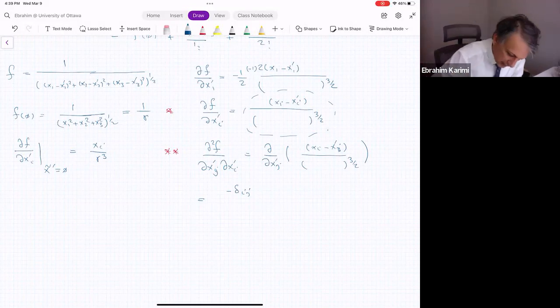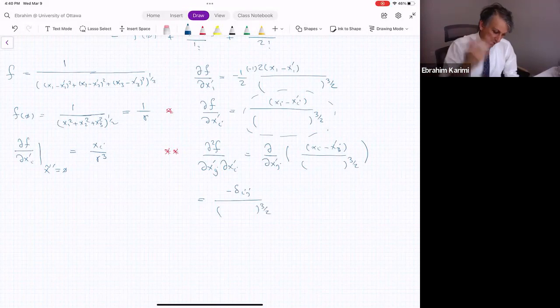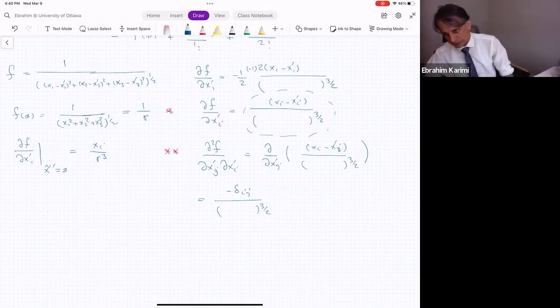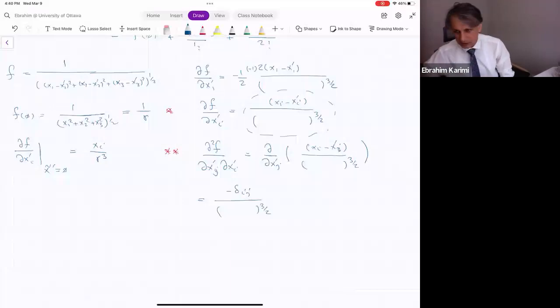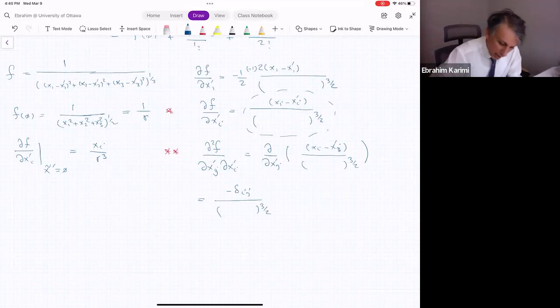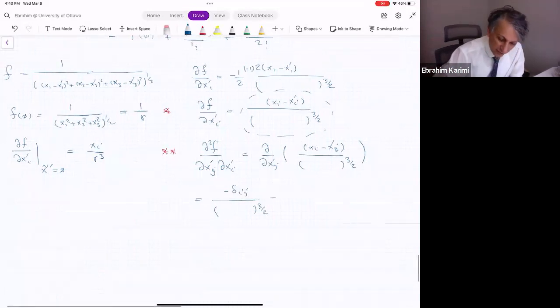Divided by the denominator, which is again to the power of 3 divided by 2. Remember, it has (x1 minus x prime 1) squared plus (x2 minus x prime 2) squared plus (x3 minus x prime 3) squared. Don't forget that.